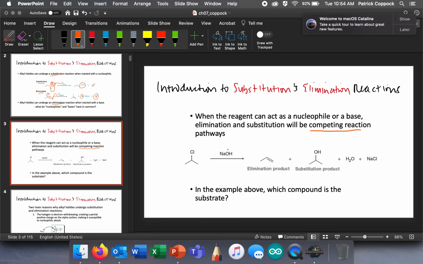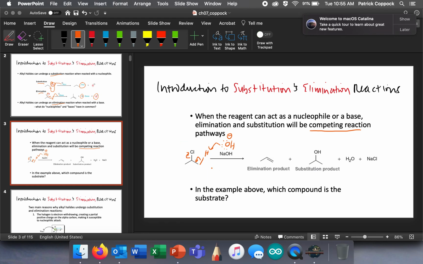So in this case, my nucleophile is hydroxide, right? And we could either have a base reaction, right? Oops. It comes from the electrons, and those go here, right?